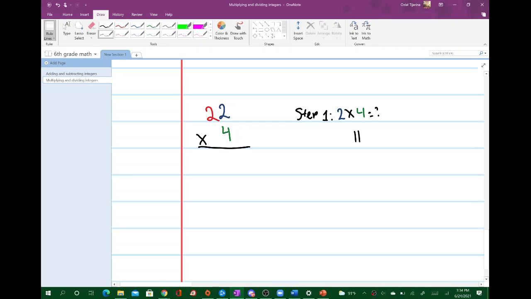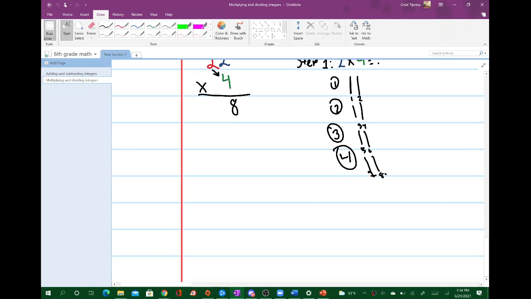Well, let's say I have 2 lines, but I'm doing this repetition 4 times. So I'm going to do 1, 2, 1, 2, 1, 2, 1, 2. This is 1, this is 2, this is 3, this is 4. How many do I have in total? I have 1, 2, 3, 4, 5, 6, 7, 8. So this is 8.